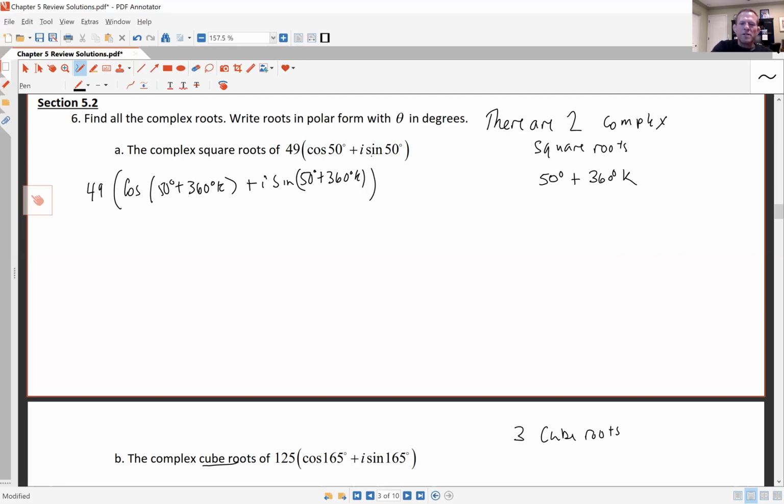And now remember, we're taking this to the 1/2 power. So we have 49 to the 1/2, and then we have cosine of. We take 50 times 1/2, which is 50 over 2, and 360 over 2, which is 25, and 180.